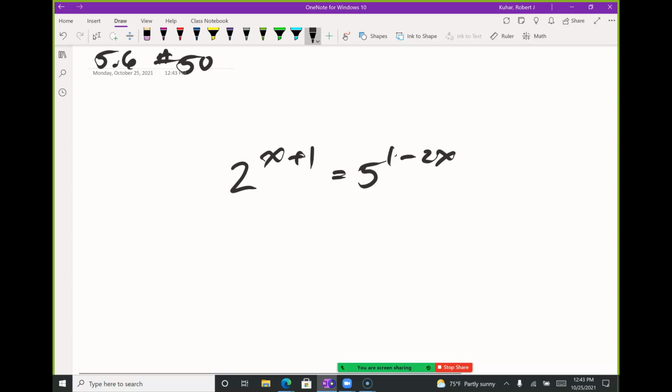So what would be a good log function to use? ln is what I'm going to use, but certainly log base 2 or log base 5 would be fine, right? And of course log works as well, but I'm just going to go right to the ln.